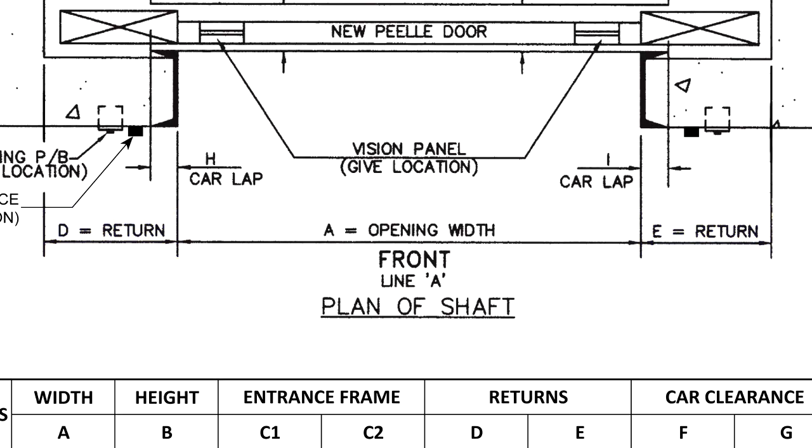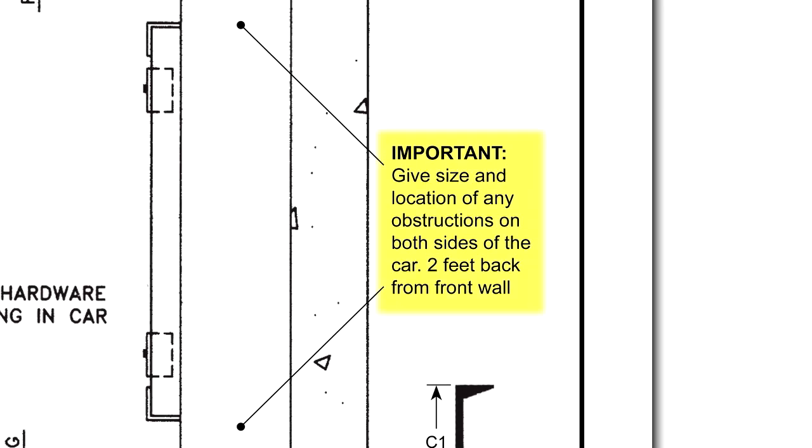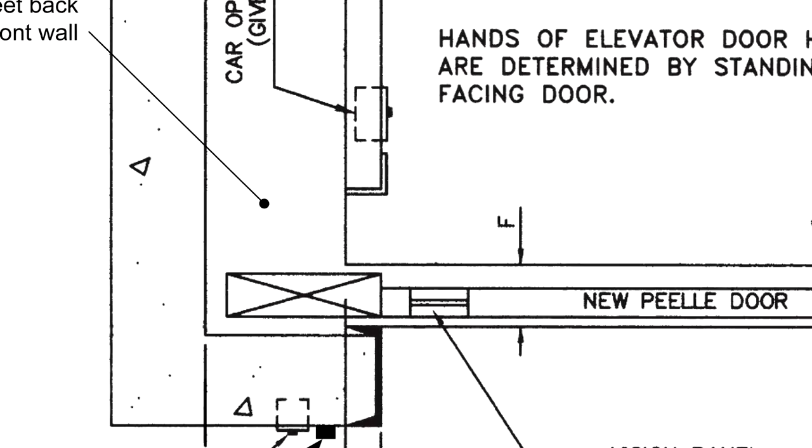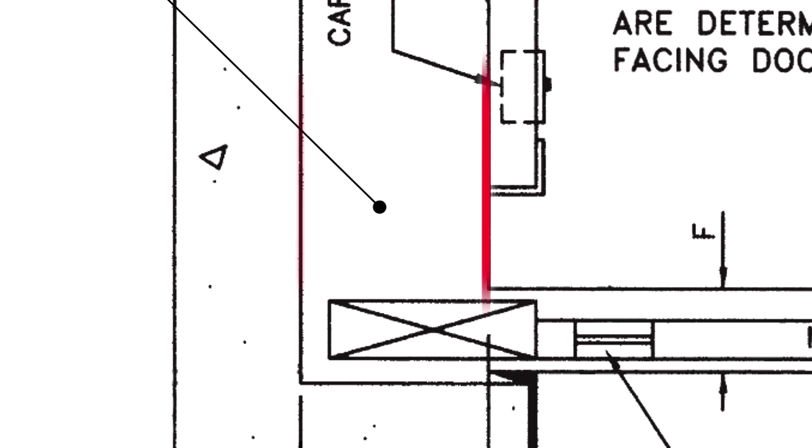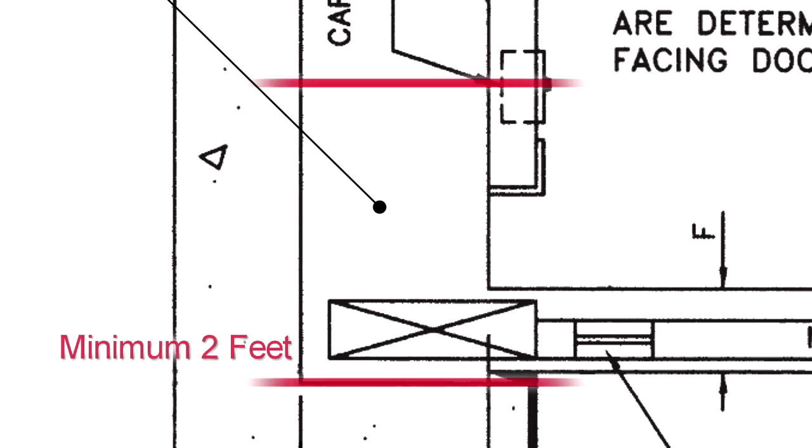When measuring the return space, please note any obstructions on either side of the car. Peelle equipment requires a clear space from the platform to the sidewall and 2 feet back from the front wall.